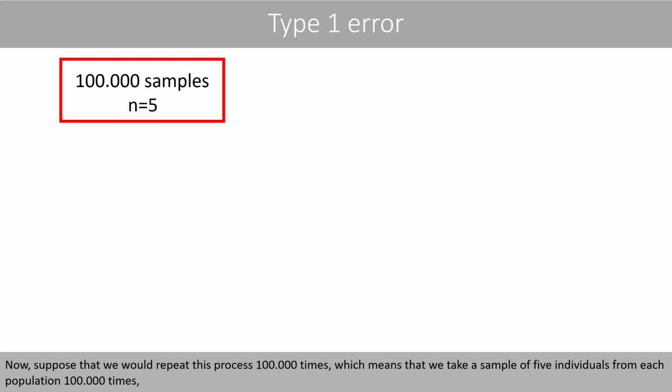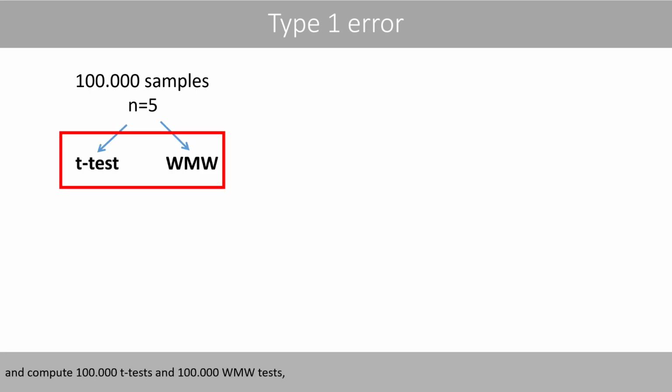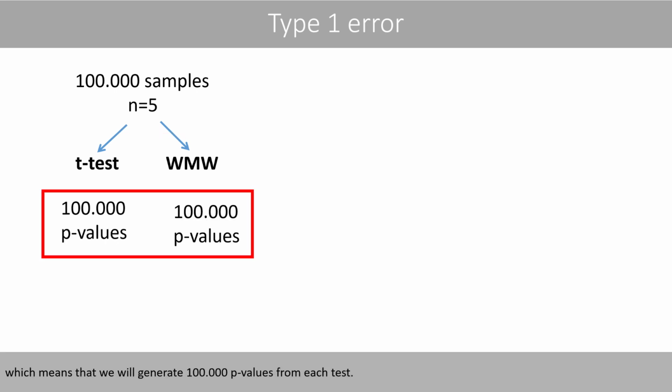Now, suppose that we would repeat this process 100,000 times, which means that we take a sample of 5 individuals from each population 100,000 times, and compute 100,000 t-tests and 100,000 Wilcoxon Mann Whitney tests, which means that we will generate 100,000 p-values from each test.